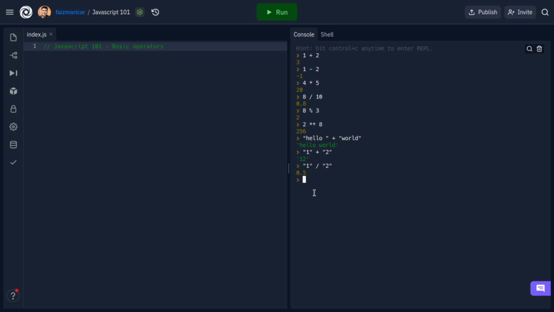So the way we can avoid this is we can do numeric conversions. You can use the Number function, and we can convert the strings to numbers and then do the operation. But there is an operator that can do just that.